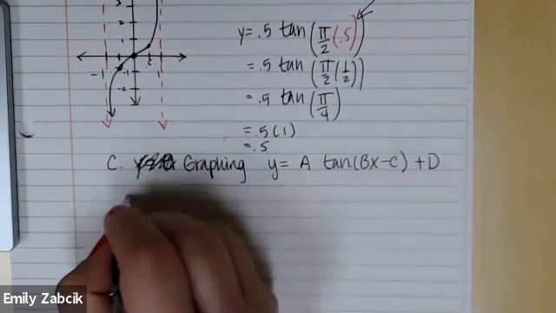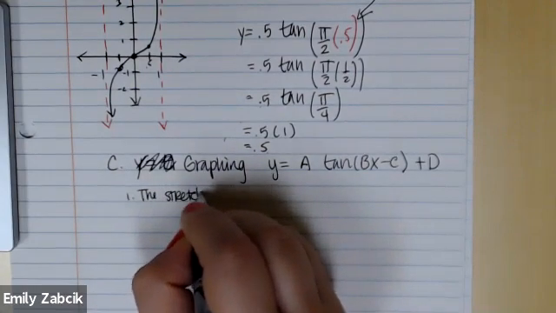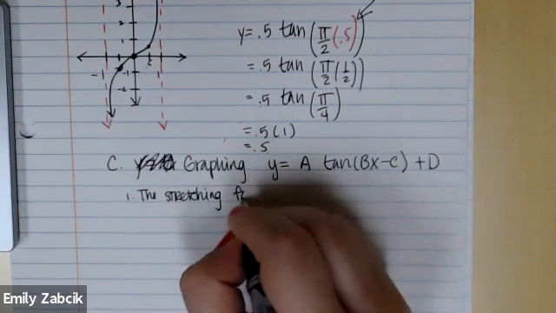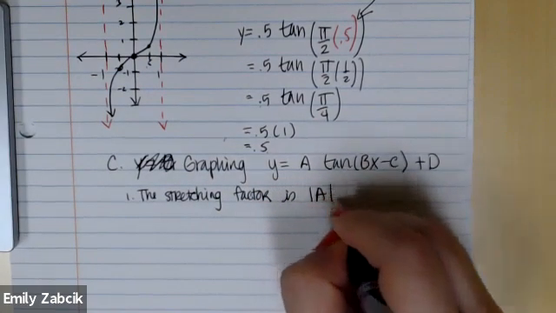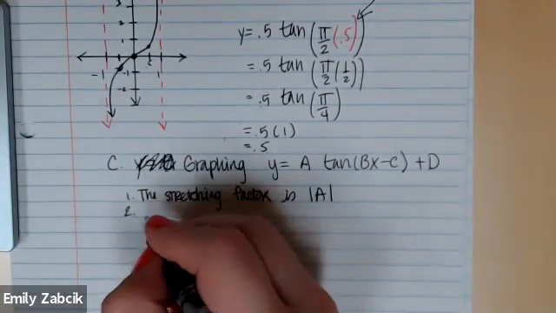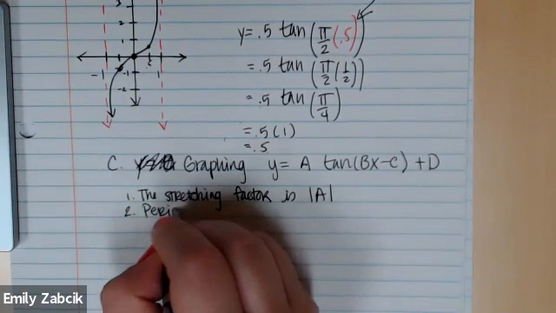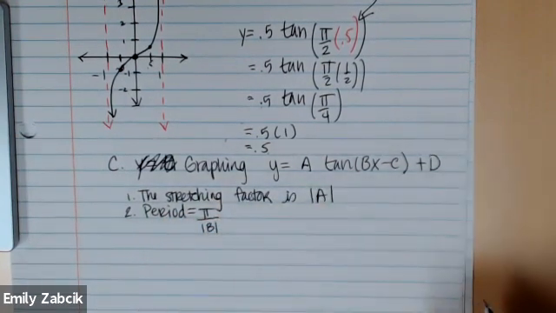So again, we can note some things. We see that number 1, the stretching factor is the absolute value of a. Number 2, the period is equal to pi over the absolute value of b.